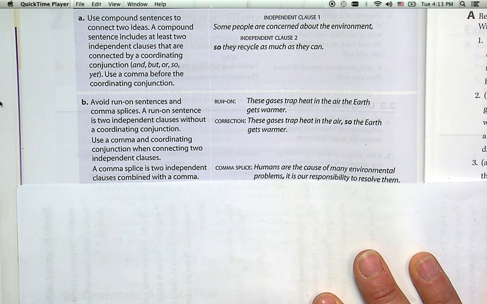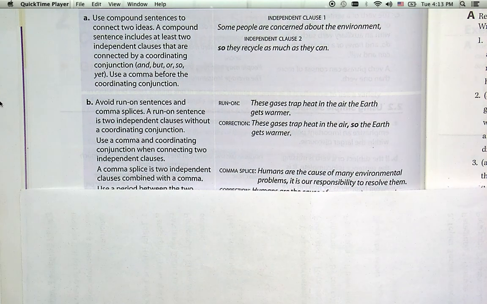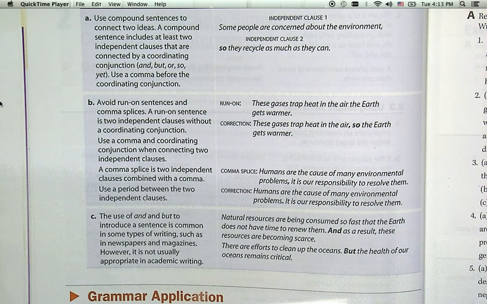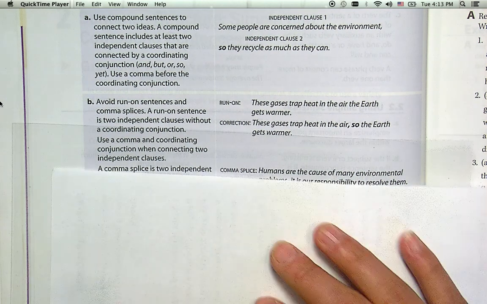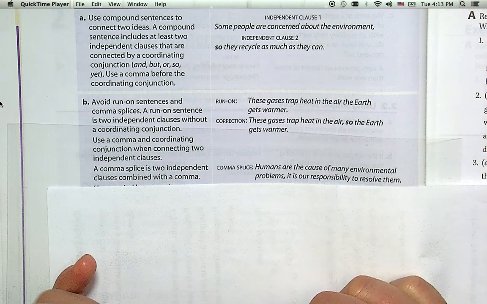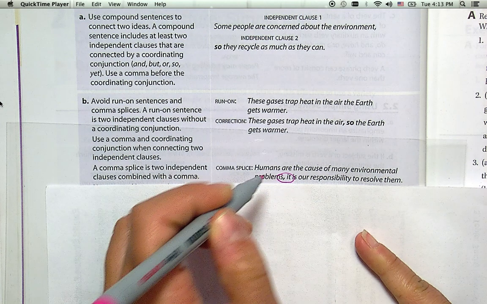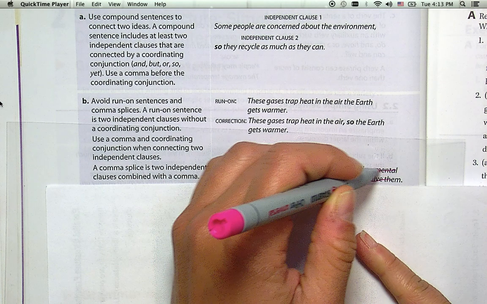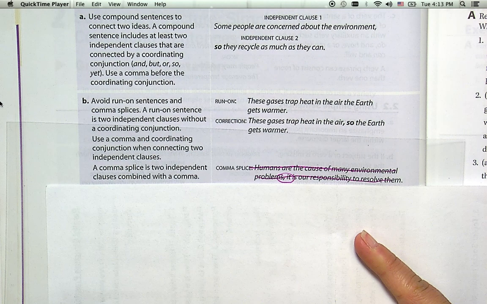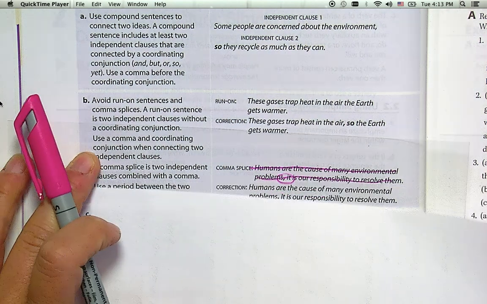You cannot use a comma between two different subject verbs. It's incorrect. So just for memory's sake, this one is incorrect because you have a new subject and verb. It's called a comma splice. It means you have a comma where you should have a period.